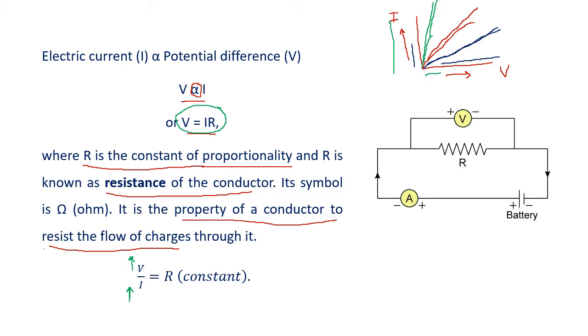So again, look at the diagram. We have got the battery. Yes, the battery provides the potential to the resistance, and we measure the current passing through the circuit. So as you increase the voltage, the current also increases. This is Ohm's law.